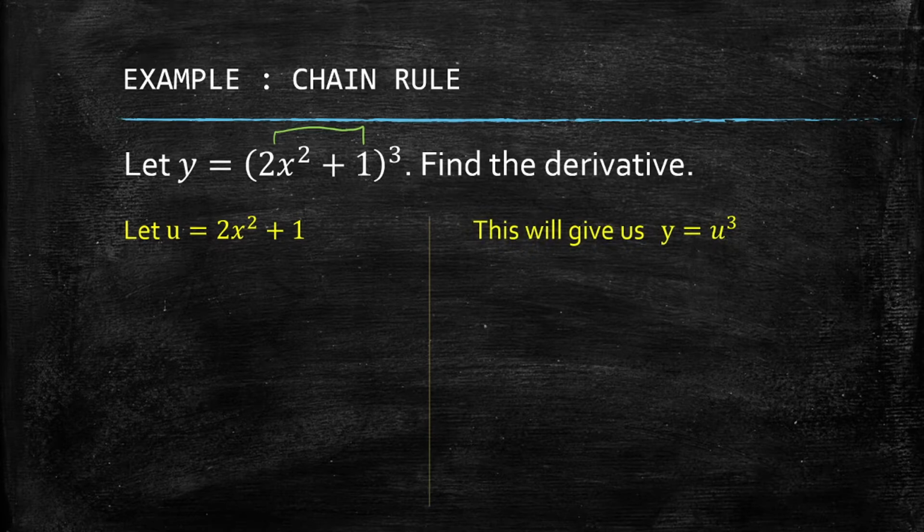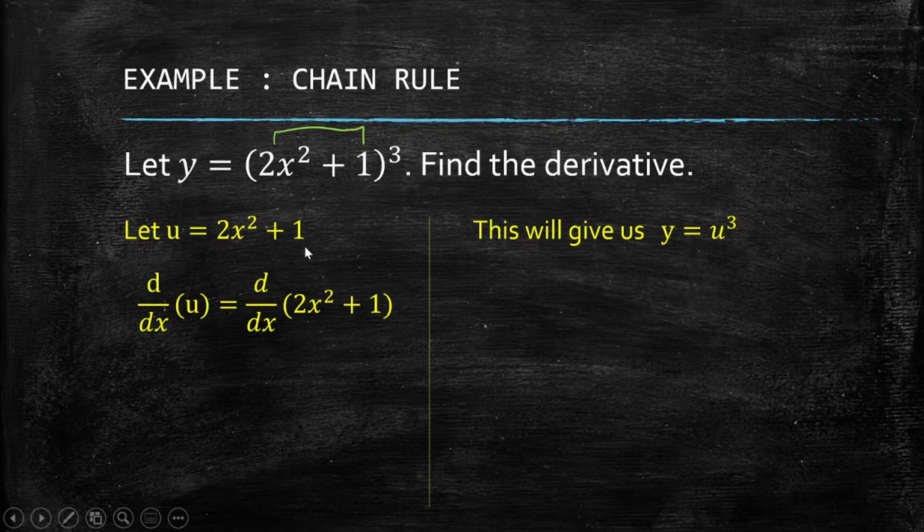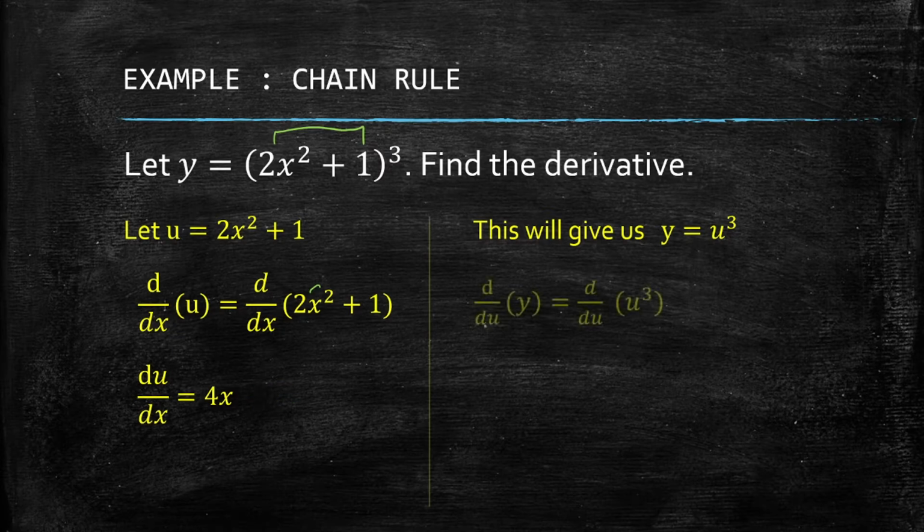If we substitute u into our given function, this will now give us y equals u cubed. We just change this one into u, that's why we have now u cubed. Then we get the derivative of u equals 2x squared plus 1. Getting the derivative of both sides, this will give us 4x, because this is 2 times 2, 4, then x, we subtract 1 from the exponent, and then plus 0, which will just give us 4x.